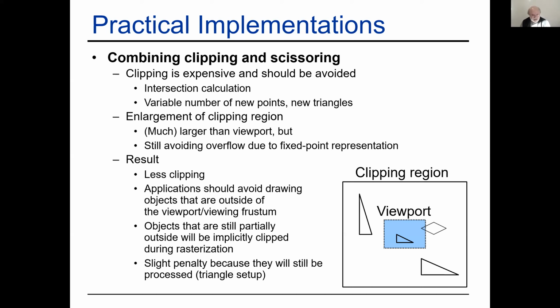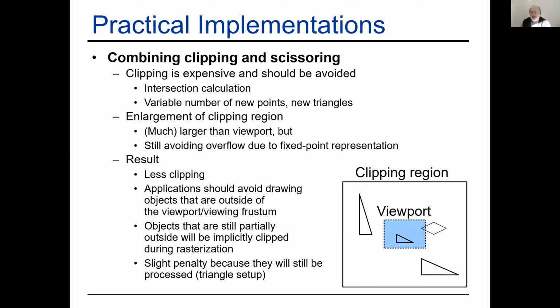However, there is a trick you can play by taking into account that most applications are actually intelligent. If they render something, they don't simply render everything, but they tend to only render the parts that are likely to end up in the viewport, in the window that actually gets rendered.